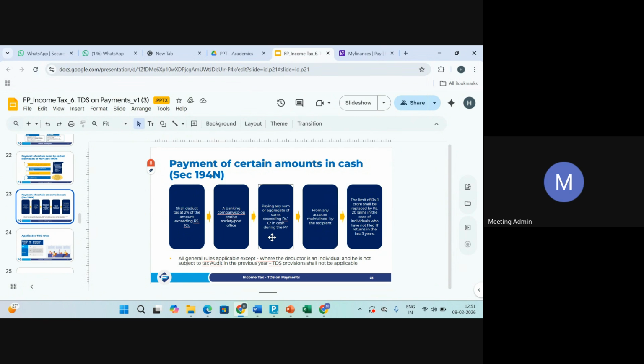The limit of 1 crore shall be replaced by 20 lakhs in the case of individuals who have not filed IT returns in the last 3 years. Okay, already you have got 1 crore in the previous year, but if for 3 years you didn't file any returns and didn't pay the TDS to the government, then 20 lakh will be the standard amount, and based on that you will also pay an extra amount, which you will learn in the future, how much you're going to pay.